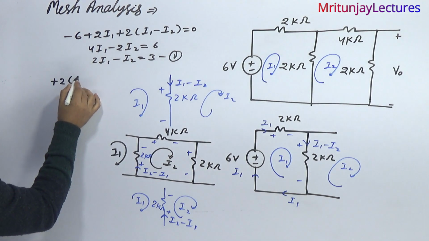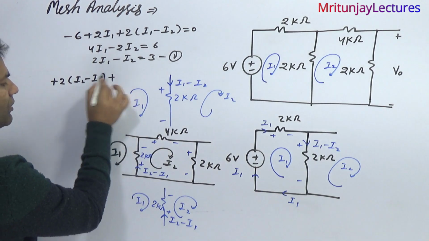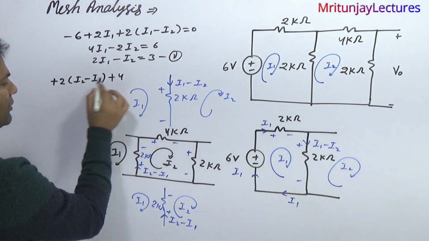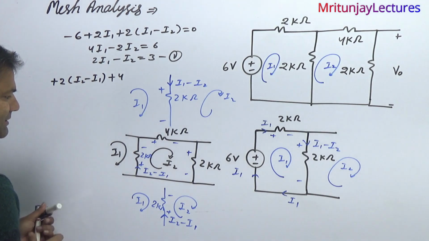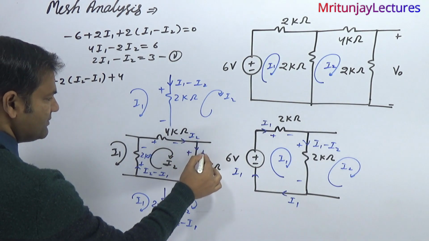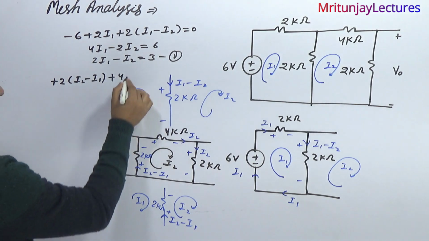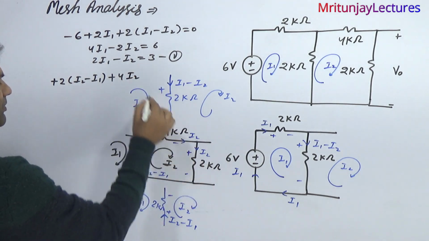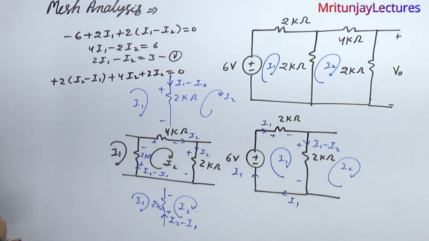2 into I2 minus I1 plus 4, what about the current in this branch, that is I2, and in this branch, that is I2. So 4 I2 plus 2 I2, this is equal to 0.